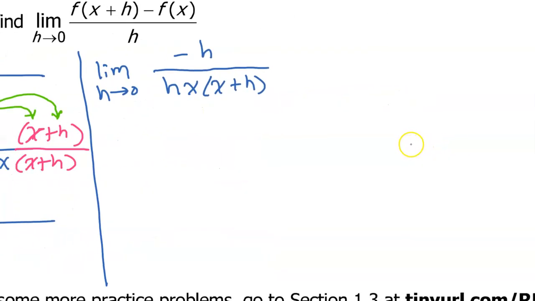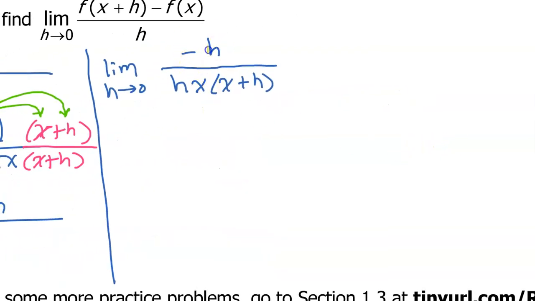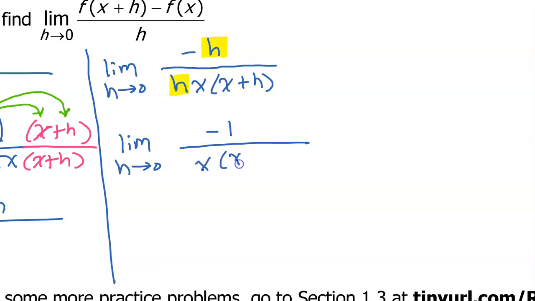Alrighty then. These h's will cancel out. And we are left with the limit as h approaches 0 of negative 1 over x times x plus h.